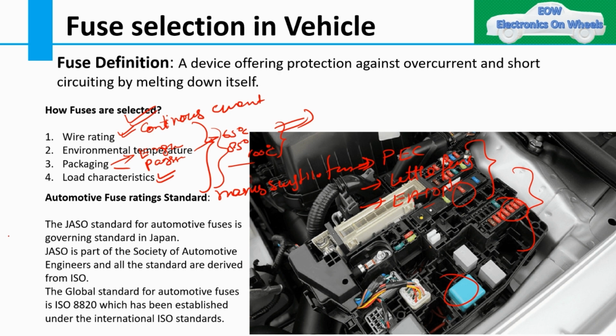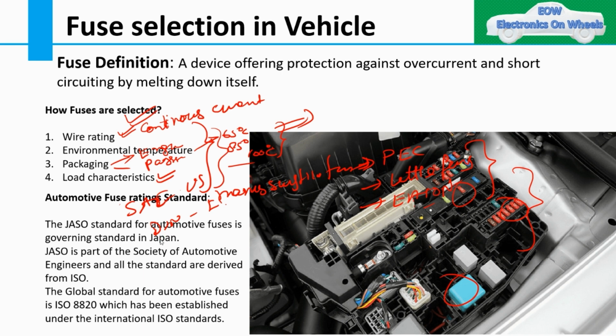Now the next question: what standard are you using for the fuse selection? We have standards like the JASO standard, or other standards from the European Union or the US SAE. SAE we have from the US, and the DIN standard we have from Europe. All these standards are derived for the automotive fuse, right? These are the names of the standards for that particular country, but after that there are numbers.